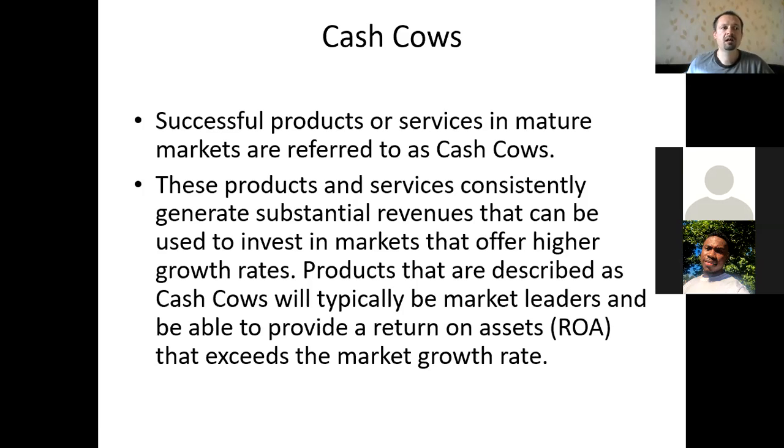It could be, for example, dividends for shareholders, but in terms of Matrix of Boston Consulting Group, we can say that we can use these cash inflows from cash cows, first, for supporting our stars, and second, for supporting our question marks. And with the help of these financial resources, it is possible for us to help them become a star, for example.